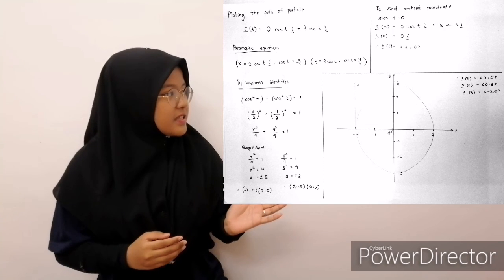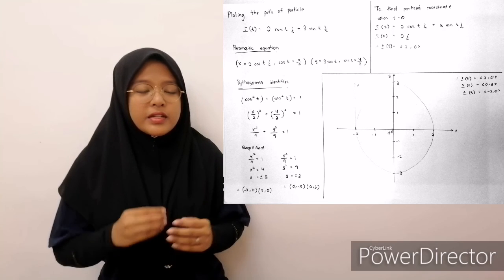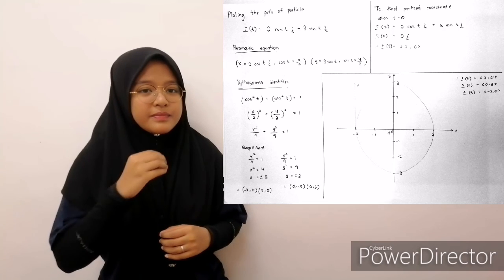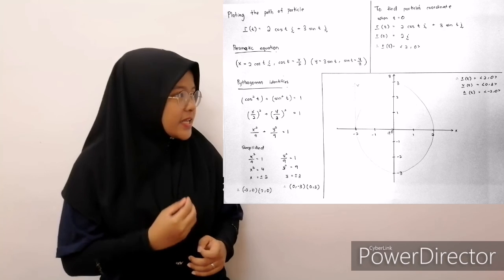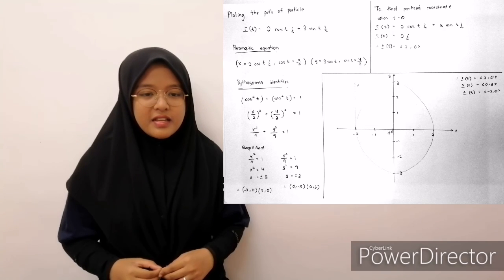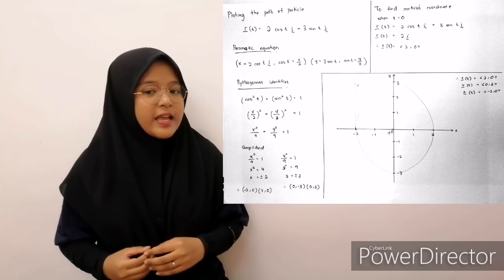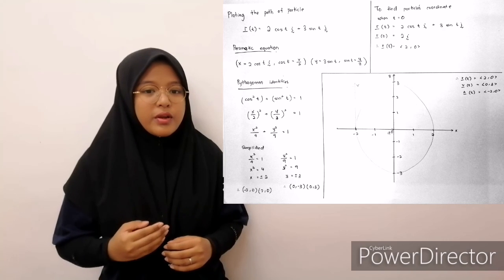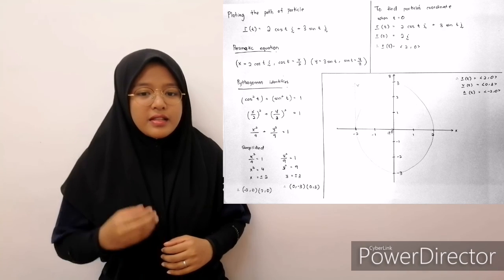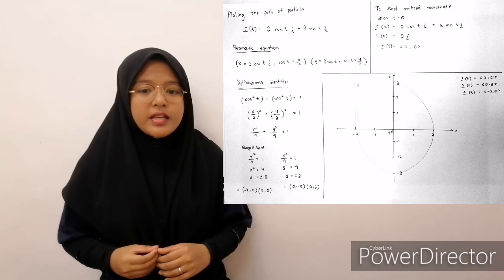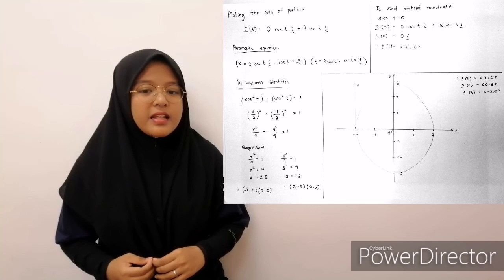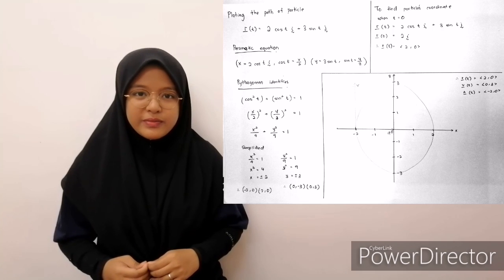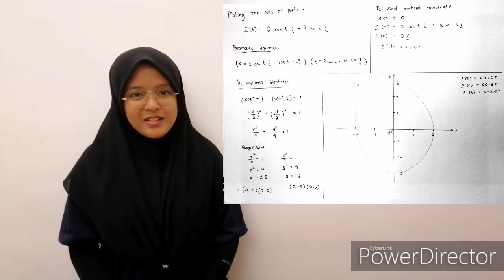In this graph, we plot r(t), velocity and acceleration. For r(t), we get (2, 0). For the velocity, we get (0, 3). And for the acceleration, we get (negative 2, 0). That's all. Thank you.